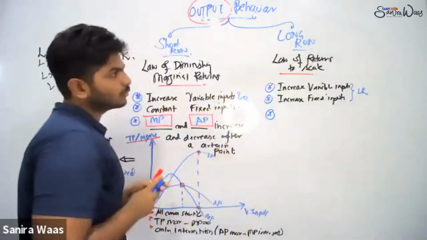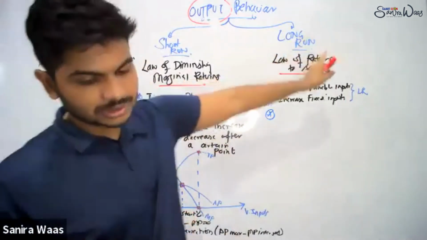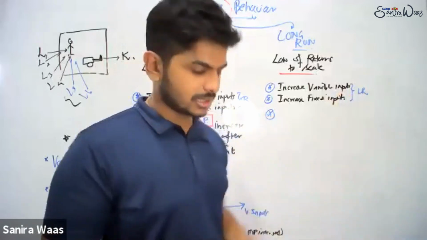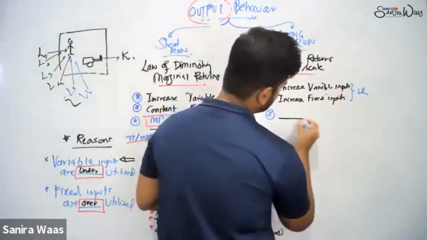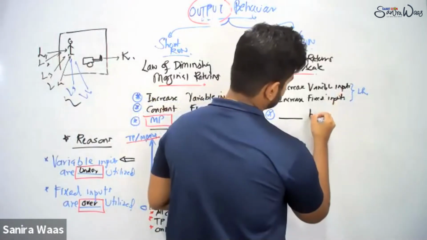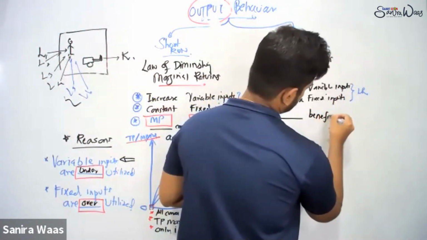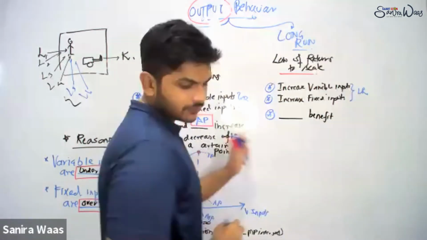Now you need to know what you mean by law of returns to scale. So when these two increase, as a firm, you would receive a blank benefit.